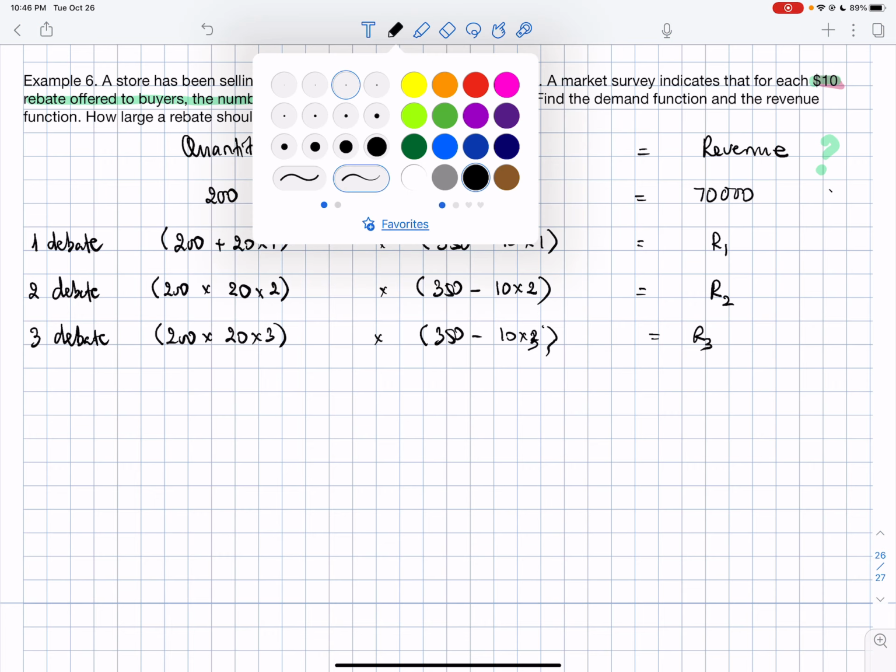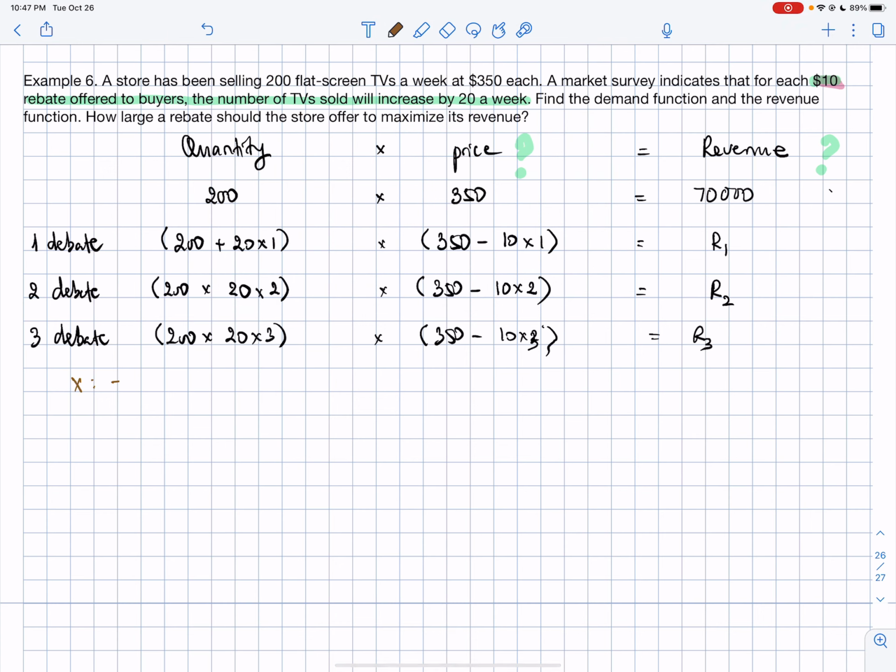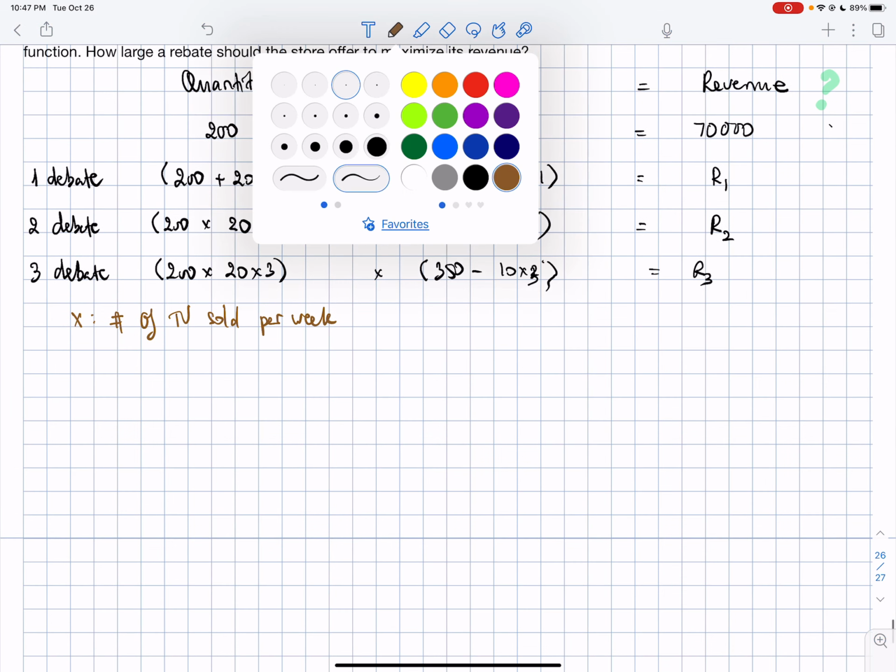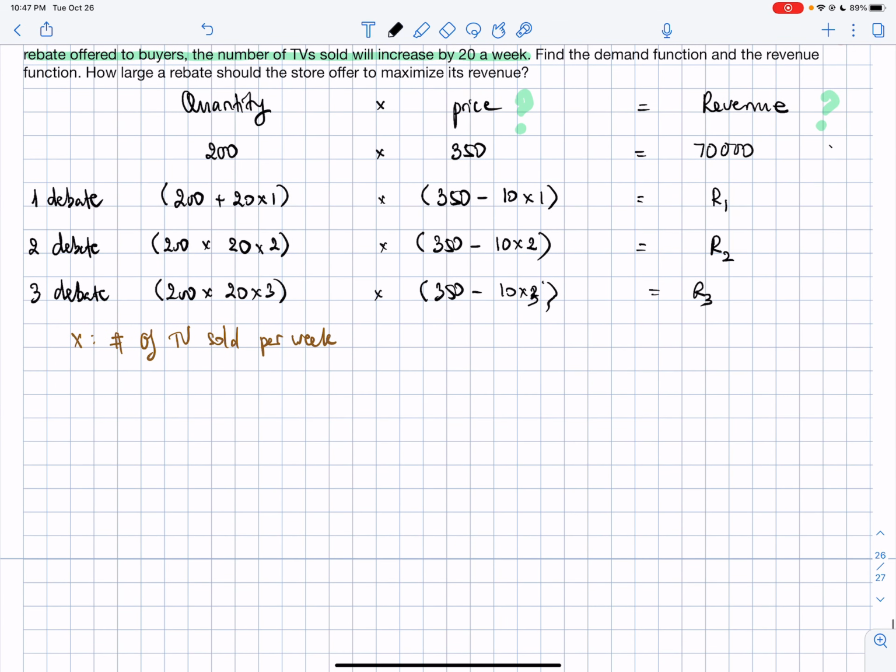So let x be the number of TVs sold per week, because we don't know how many TVs are sold per week. So x is the quantity, right? So x is 200 plus 20 times n, for n debates.